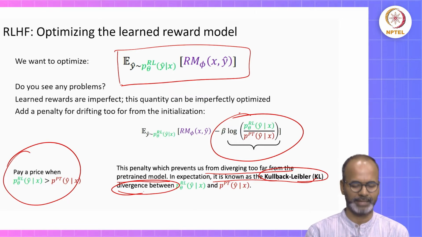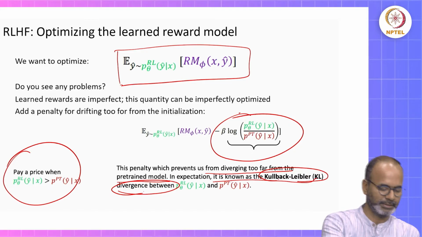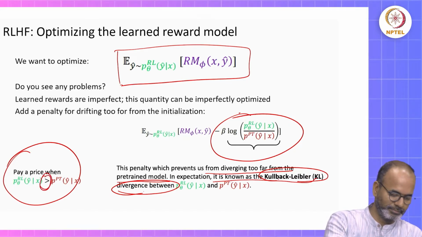You may have heard of KL divergence before, but the idea here is that you want a function which penalizes errors, to pay a price when RL is greater than PT.